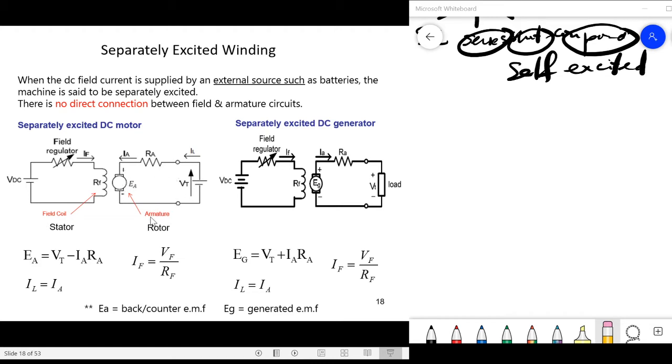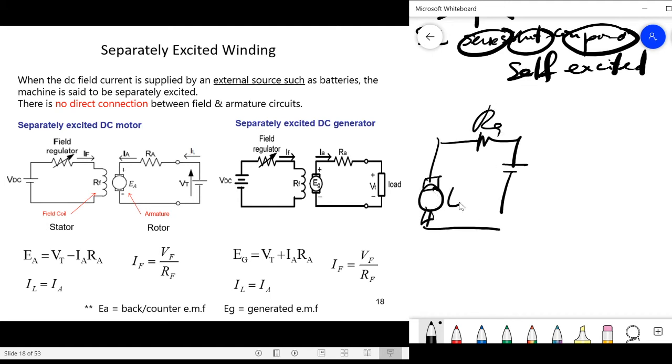Saya draw yang sebelah armature circuit. So this is RA. This is EA. Kita pakai EA. Ni adalah VT. Ni KVL.